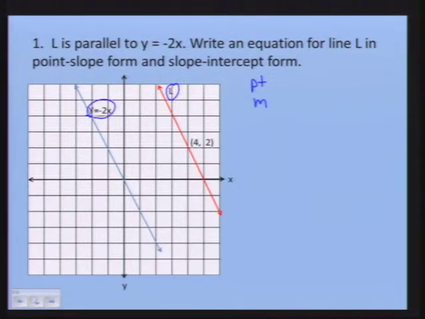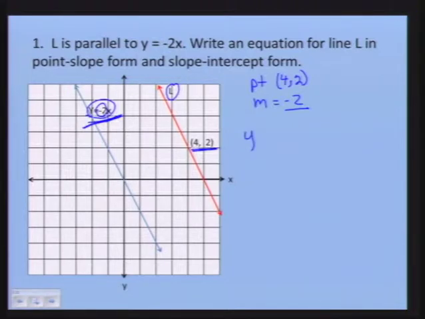Well, the slope of our given line is minus 2, because remember, when our equation is solved for y, the coefficient of x gives us our slope. So that was pretty easy. And then we're given a point that the red line, or line L, goes through, and that is (4, 2). So now we have what we need to write the equation.